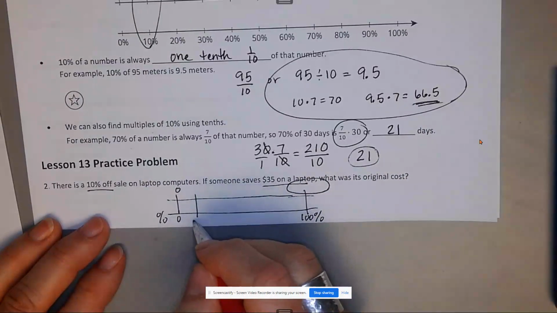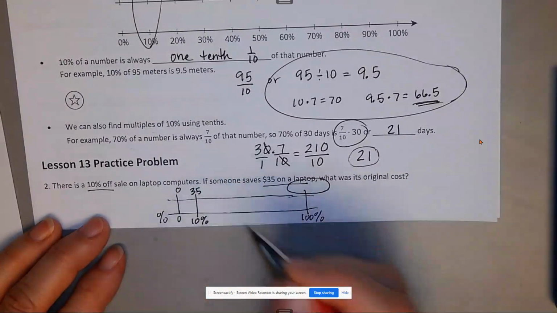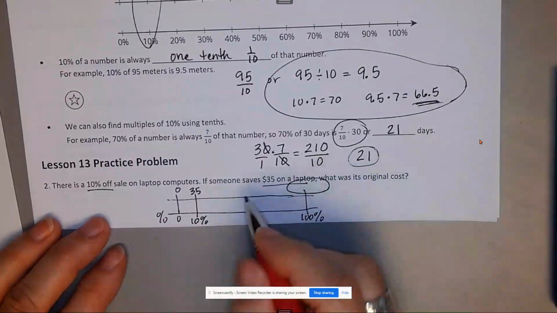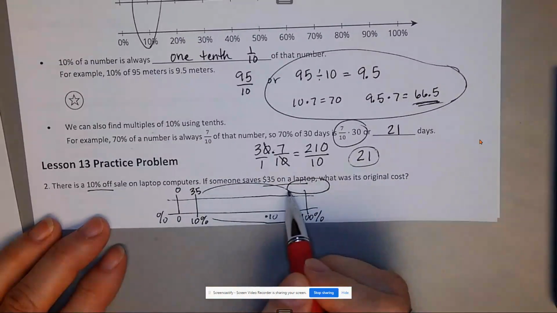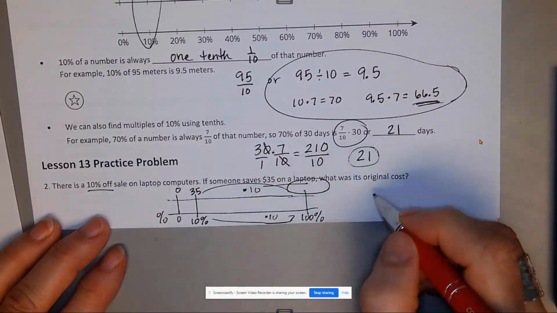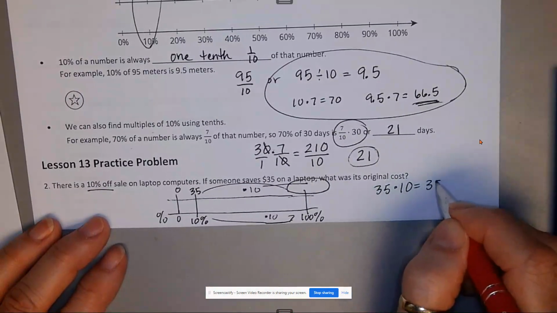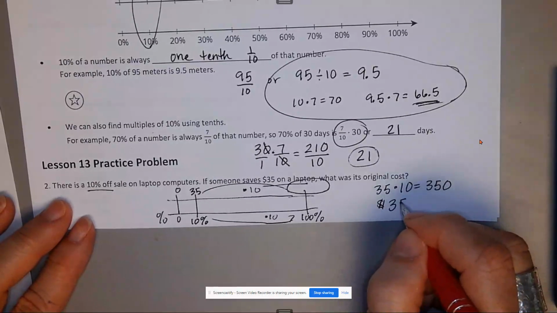But I know my 10% is 35. So think about how many tens it takes to get to 100. So this is times 10, which means this is times 10. 35 times 10 is 350. The original cost was $350.